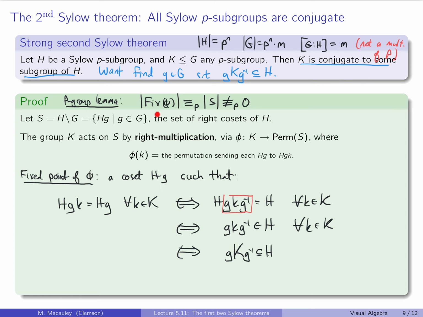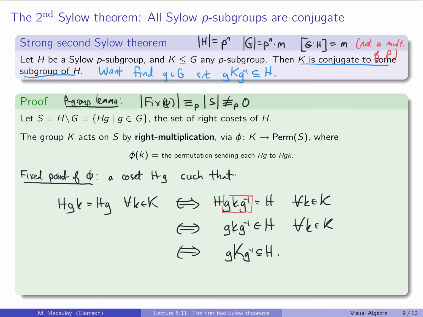And then by the p-group lemma, we know that the number of fixed points has to be equal to the size of the set mod p, and since that's not a multiple of p, that's a non-zero number.